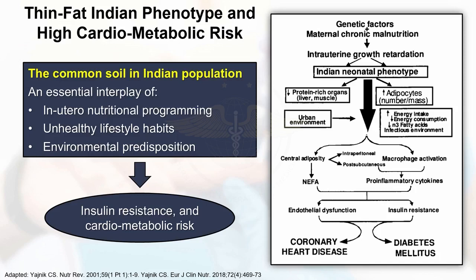So this is what is known as in utero nutritional programming. And in utero nutritional programming, the Indian phenotype, means the Barker hypothesis, that we are actually programmed to conserve fat, right?